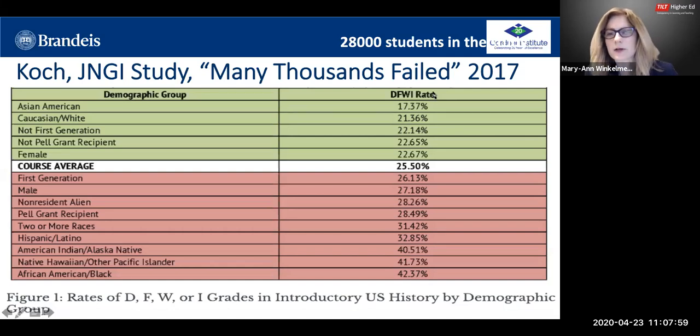And one of the big findings here, and one of the really stunning ones, is that by far, African American or Black students had a much higher rate of fail grades or DWF grades than other students. You can see that they're at, on the bottom line of this chart, a 42% rate of receiving D, F, W, or I grades, whereas the average rate of DWFs was only 25%.